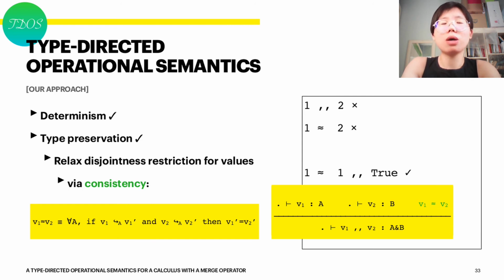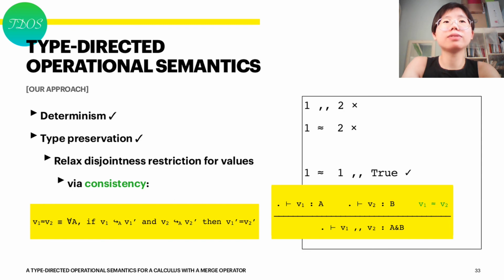For instance, 1 is consistent with 1, so 1 merged with 1 can pass the type checker. Similarly, we can merge 1 with 1 and 2. But ambiguous terms like 1 merged with 2 are still rejected, because when reducing against the same type int, they have different results. To be noted, when two values have disjoint types, they must be consistent.